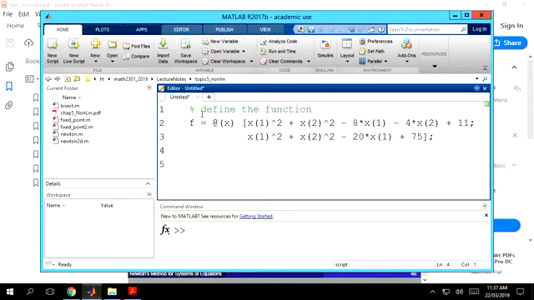And then you can define the Jacobian. So I define JF, and I can take in a vector x as well.